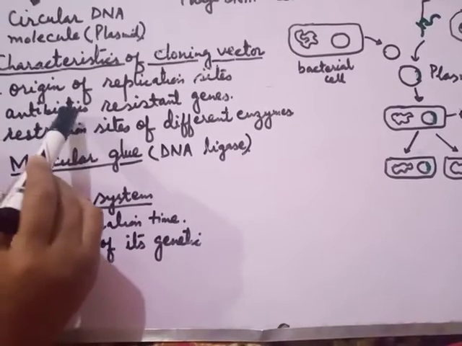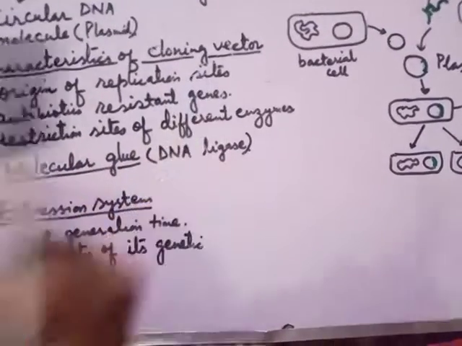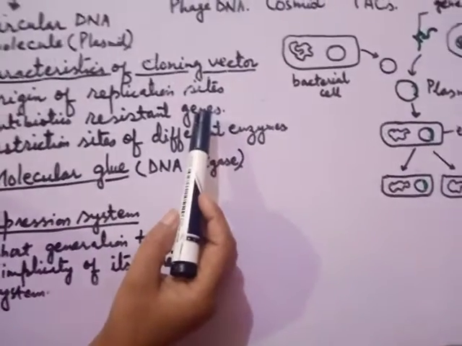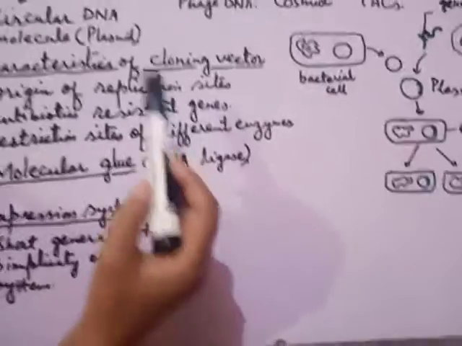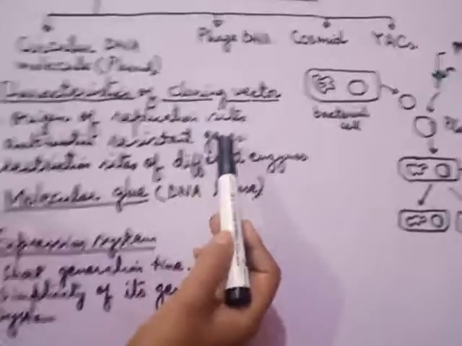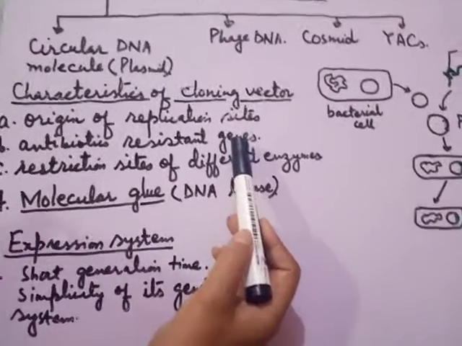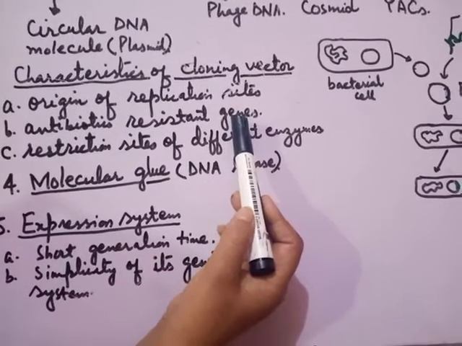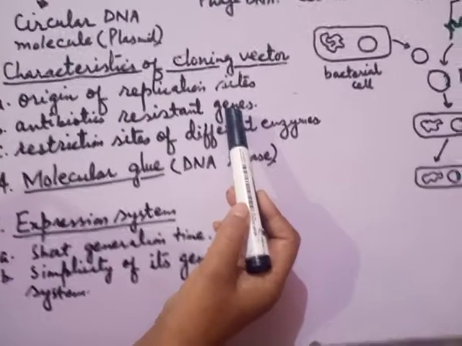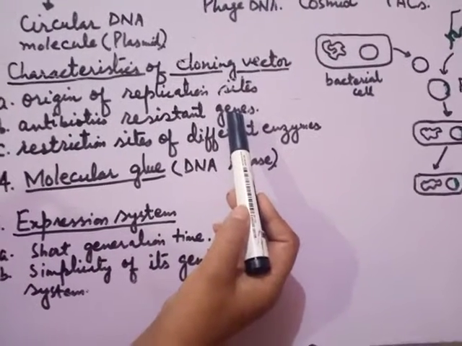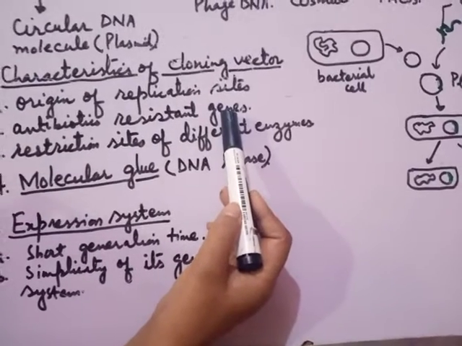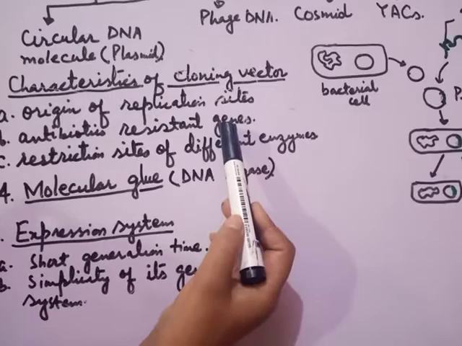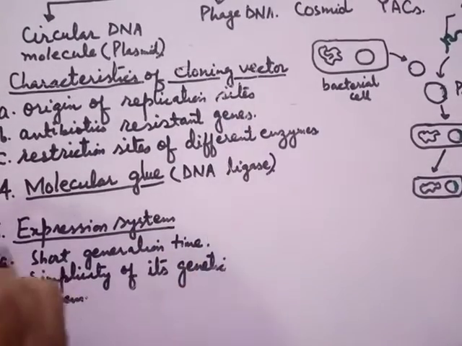Secondly, it must have antibiotic resistance genes on it, so it can be isolated when we insert our gene of interest into it and put the vector into a medium containing antibiotics. If it shows resistance against that particular antibiotic, then it means this is the vector which is containing our gene of interest.